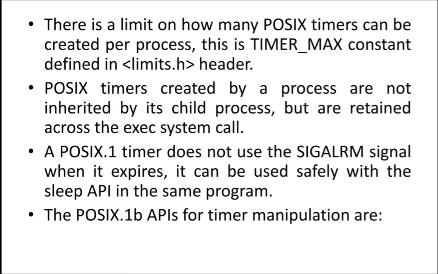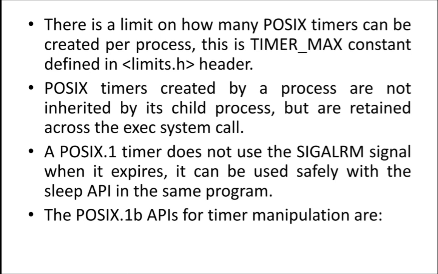And there is a limit on how many POSIX timers can be created per process. You know that the main advantage of POSIX timers is I can create multiple independent timers. But how many timers can you create at a time?